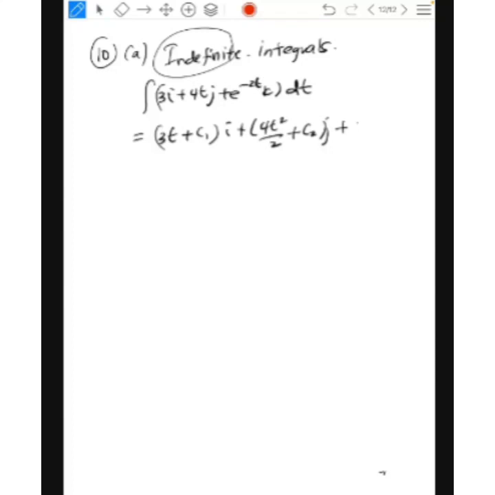The exponent will also be exponent, right? So exponent negative 2t. However, the power of the exponent, which now is negative 2t, you differentiate and the answer becomes the denominator. So negative 2t, it has a constant, negative 2, right? Negative 2 you bring down below. Okay, and then plus c3 for k.